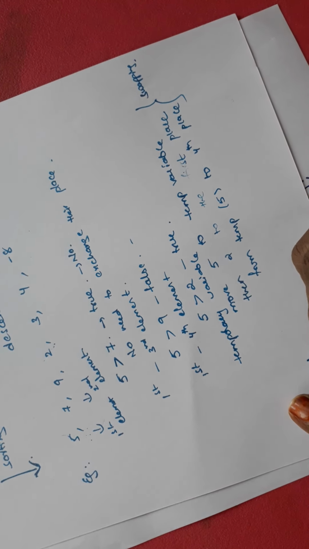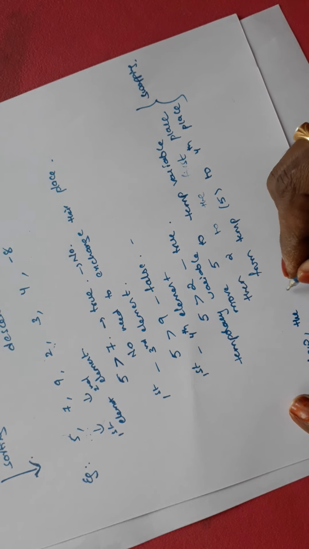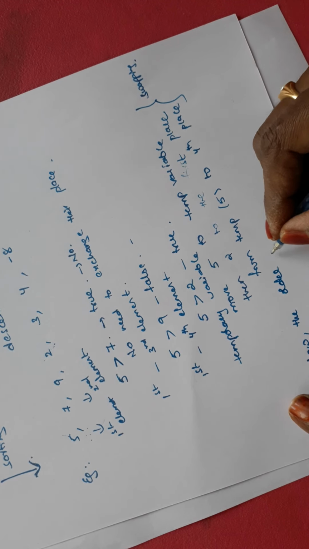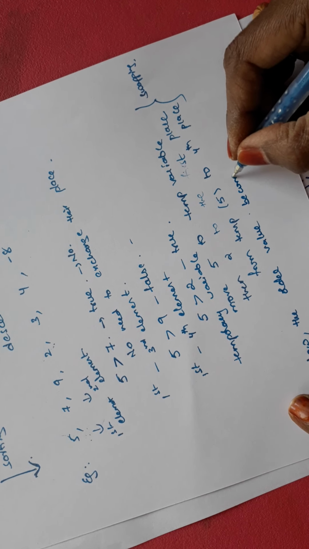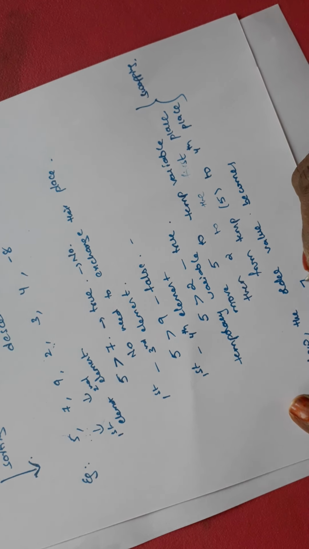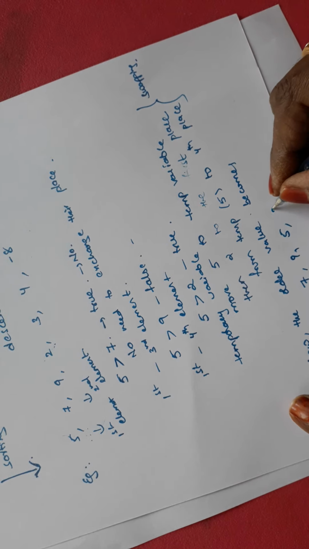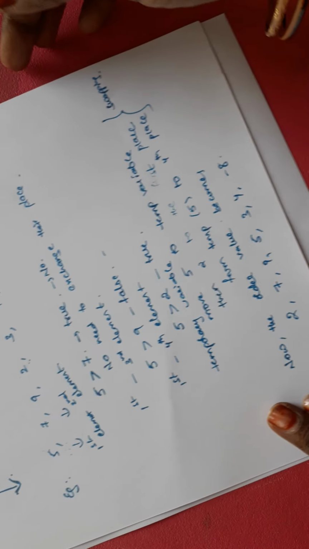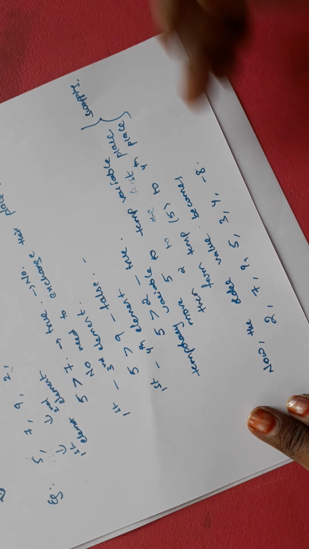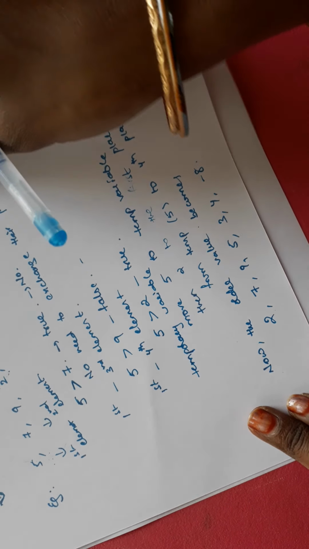Now the array changes. After swapping, the order of values becomes 2, 7, 9, 5, 3, 4, minus 8.